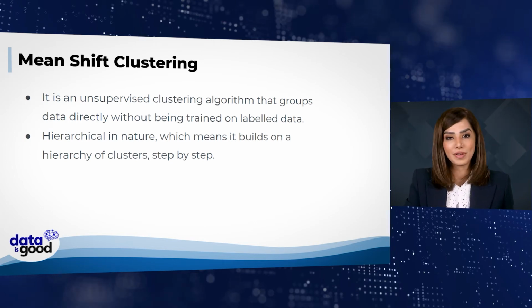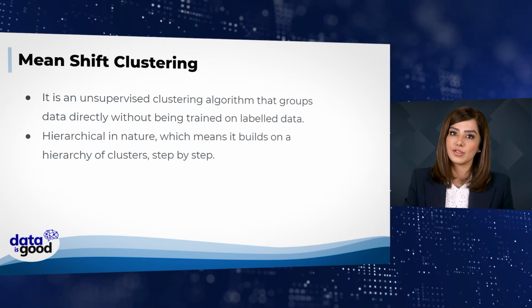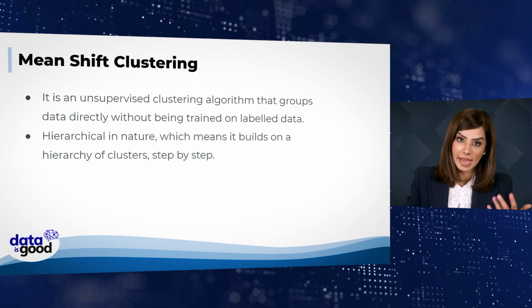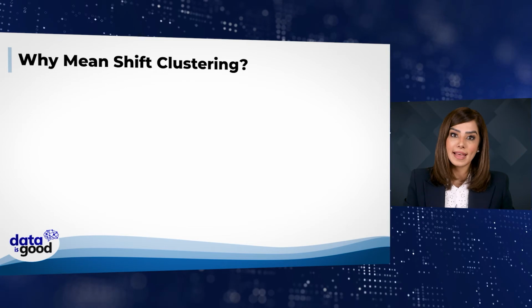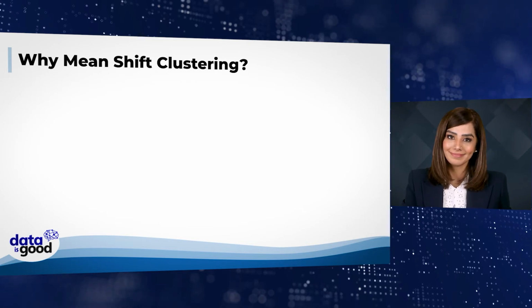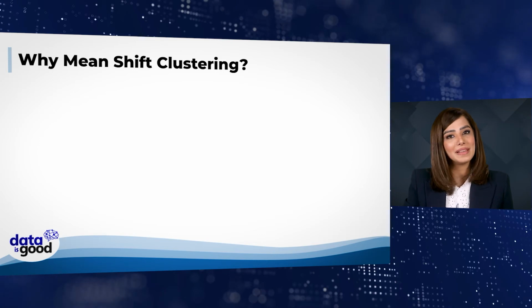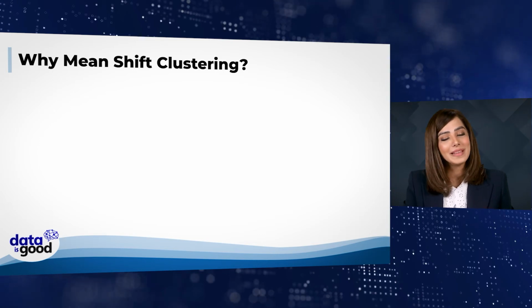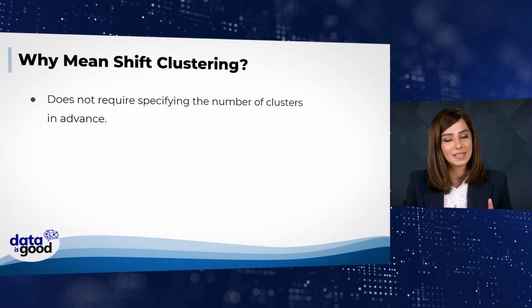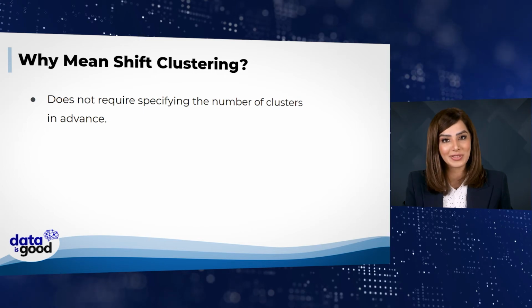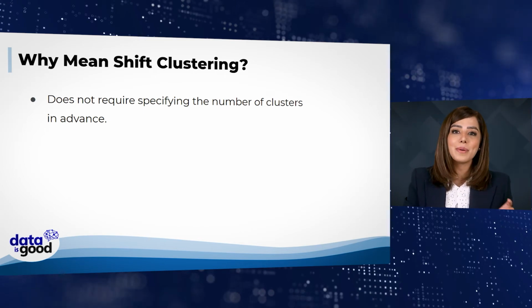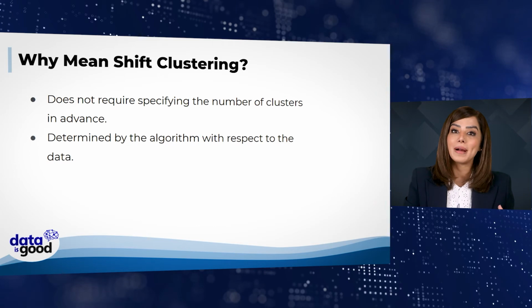Now you must be wondering, after learning so many clustering algorithms already, why do we need to understand mean shift clustering? Let me answer this for you. Unlike the popular k-means clustering algorithm, mean shift does not require specifying the number of clusters in advance, and the number of clusters is determined by the algorithm with respect to the data.